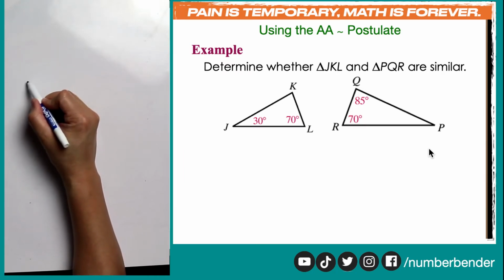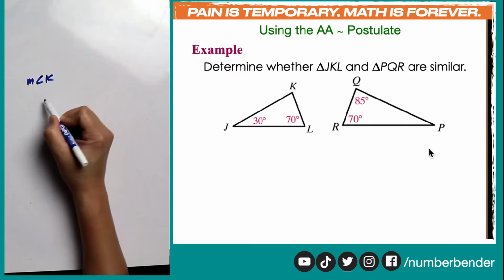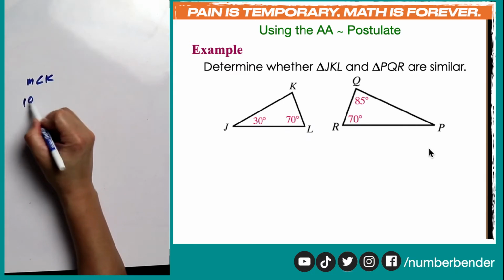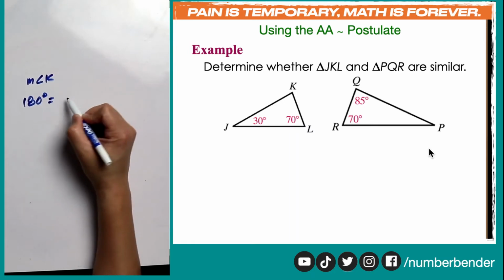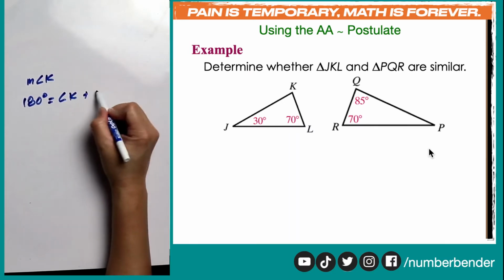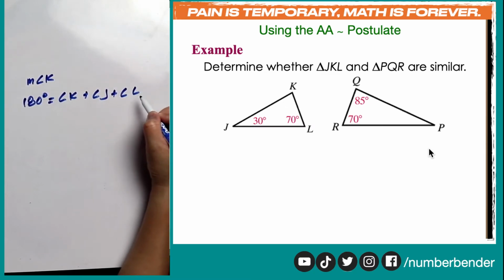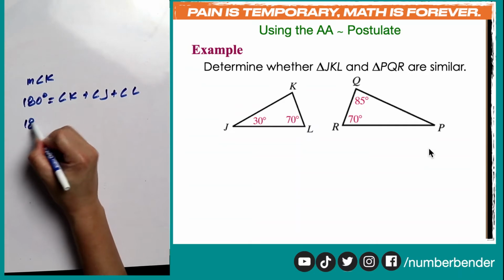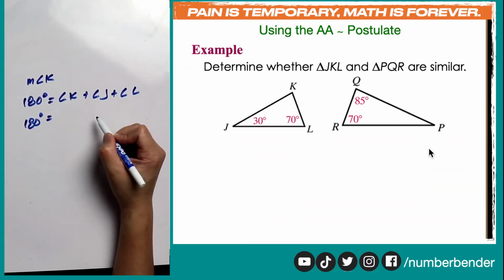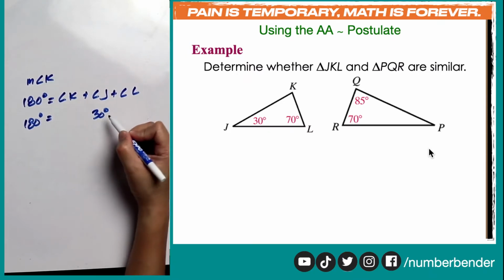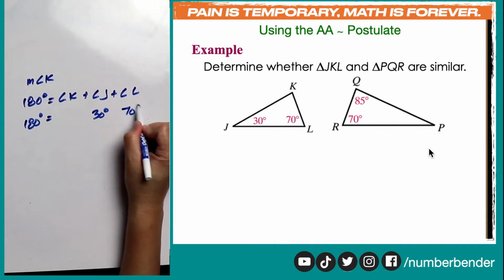If we're going to find the measurement of angle K, all we need to do is equate 180 degrees to the sum of angle K plus angle J plus angle L. We know from our given triangle JKL that angle J is 30 degrees, and we also know angle L, which is 70 degrees.